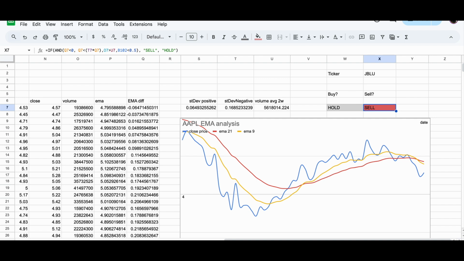So that's how you can use this simple Google Sheets with FMP endpoints to build yourself a very interesting buy and sell indicator.